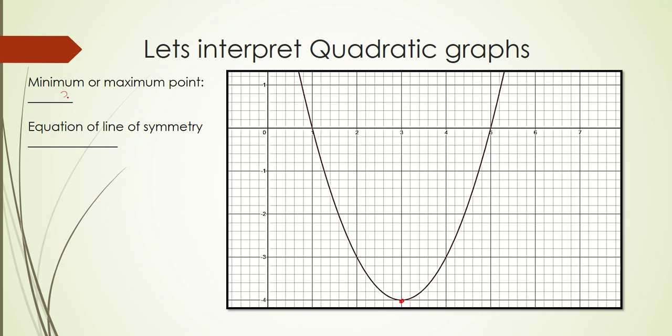So I will write 3, 4. Now equation of line of symmetry. Again with the help of the turning point, I am going to draw a straight line which is going to cross the x-axis at point 3. So I will be writing here x is equal to 3.